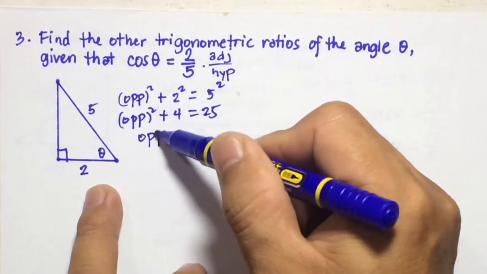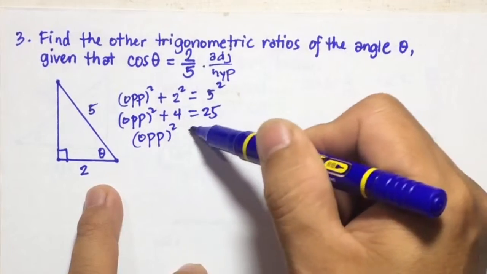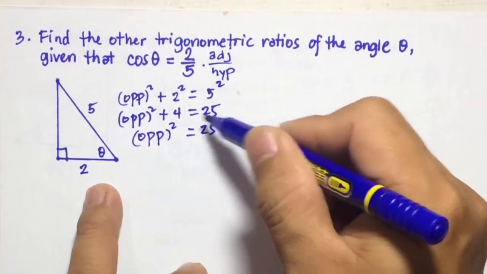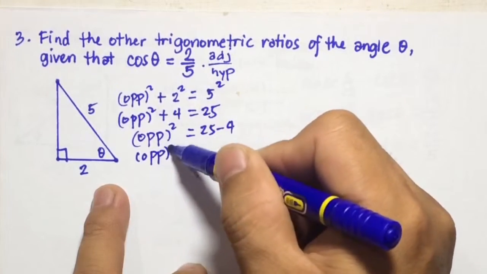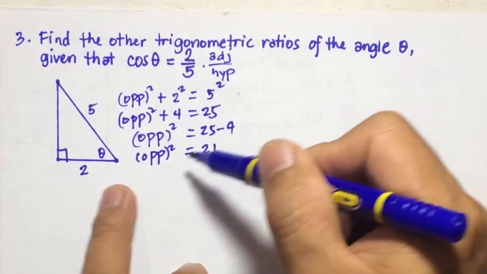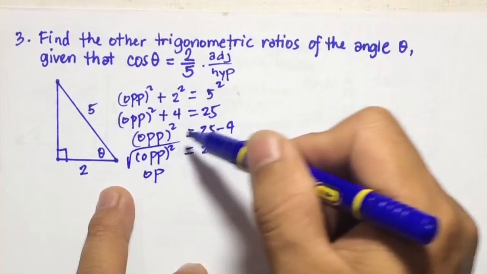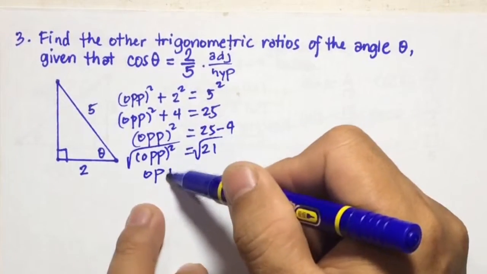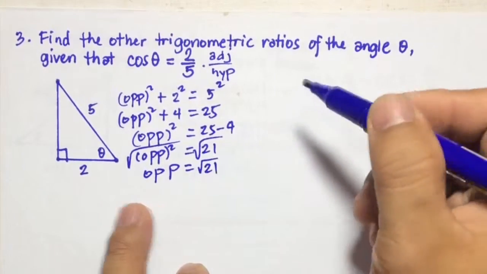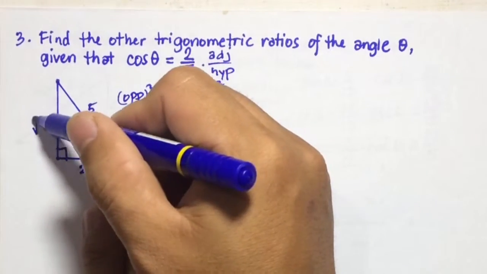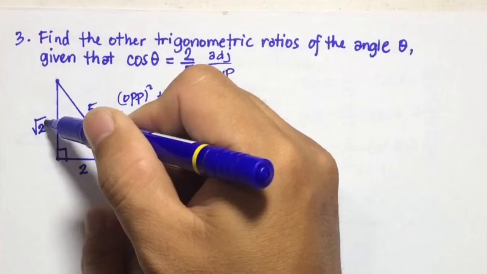Then opposite side squared here equals 25 minus 4. So the opposite side squared here will be equal to 21. And extracting the square roots here, opposite side will be equal to square root of 21. So this is square root of 21.